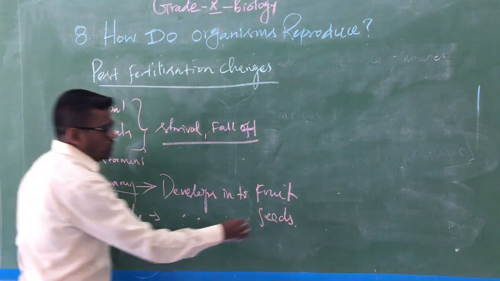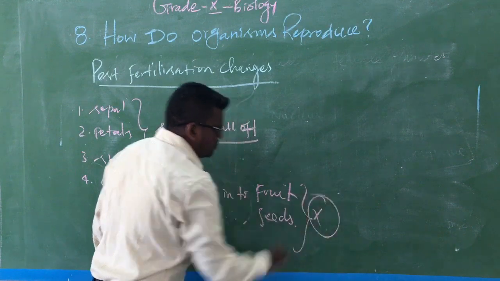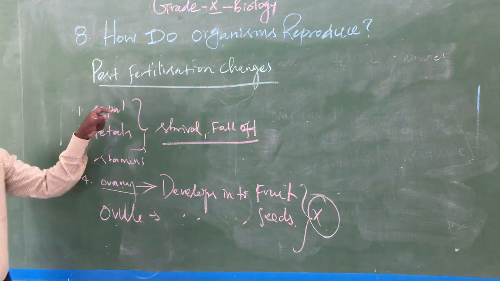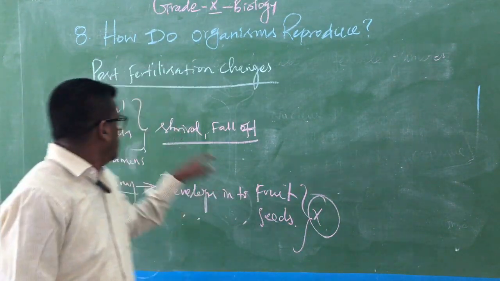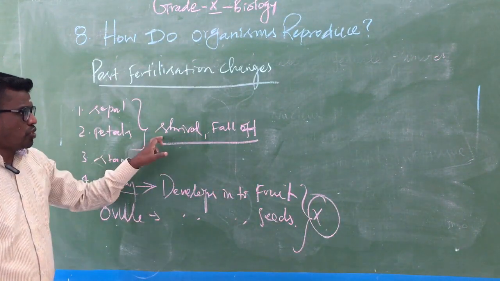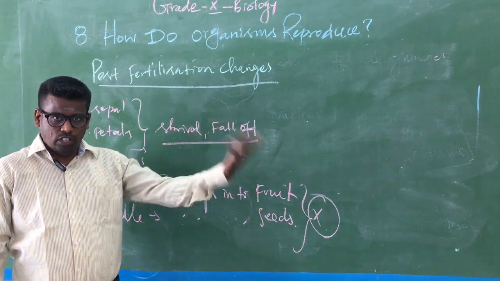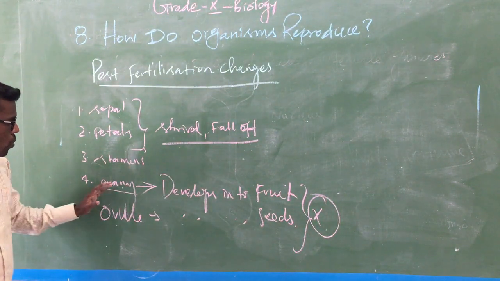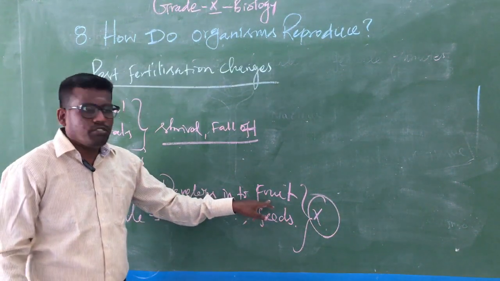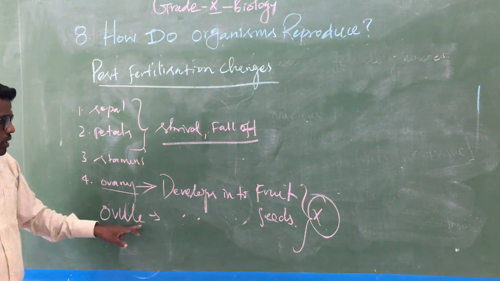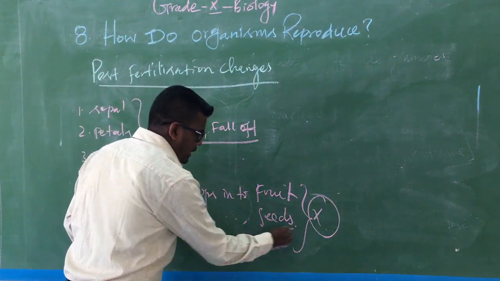So post-fertilization changes mean, after fertilization, the sepals and petals shrivel and fall off, and the stamens also. The ovary develops into a fruit. The ovule develops into seeds.